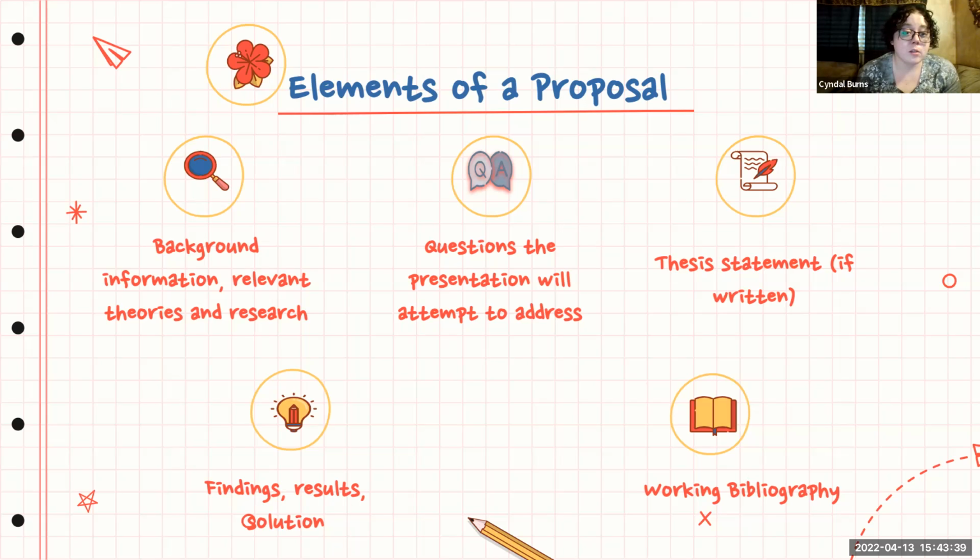And that's fine as long as the conference doesn't call for it in the proposal. If so, then the background information and questions should suffice at that point. Some of them also allow you to update things further along in the process for that reason. Then your findings or results, your conclusions, and the working bibliography, which isn't always required, but it's usually a good idea to have, whether it's required or not. It's up to you.